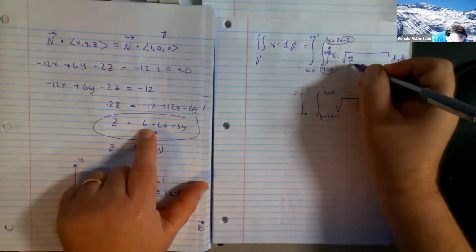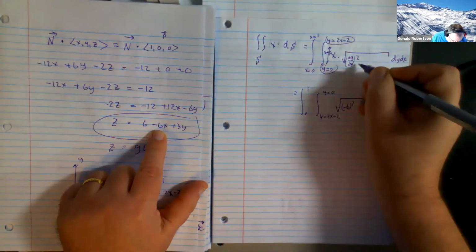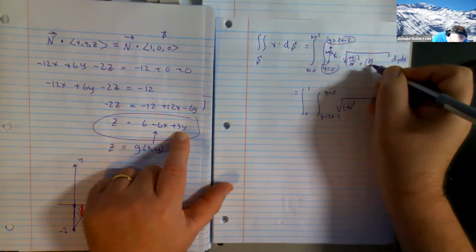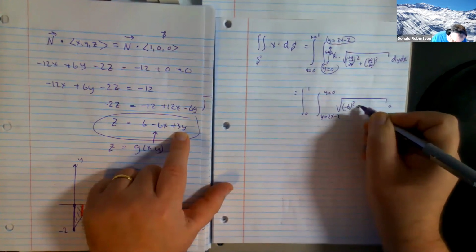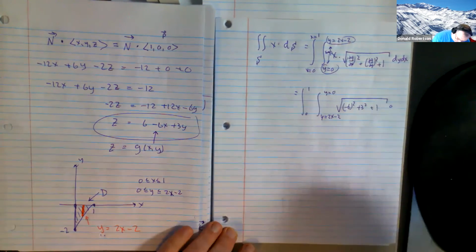with respect to x, and then you square it, so you get negative 6. Differentiate this guy with respect to y, and then you square it, plus 1.